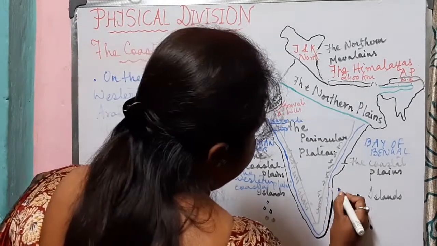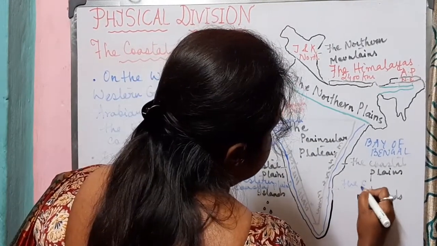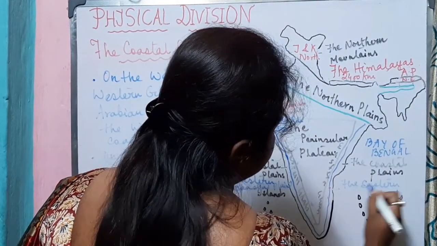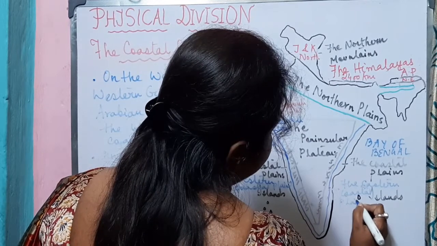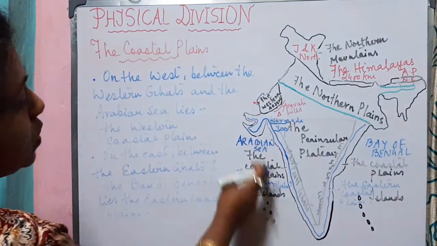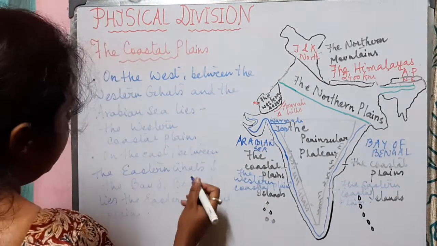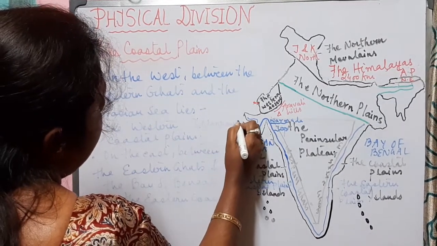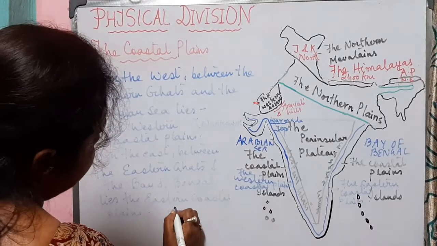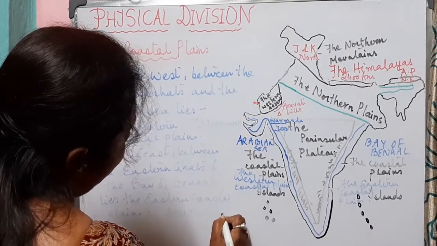So here we have the eastern coastal plains. Now the western coastal plain is narrower. So the western coastal plain is narrower and the eastern coastal plain is much wider.